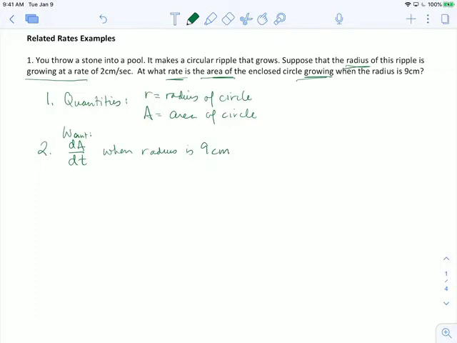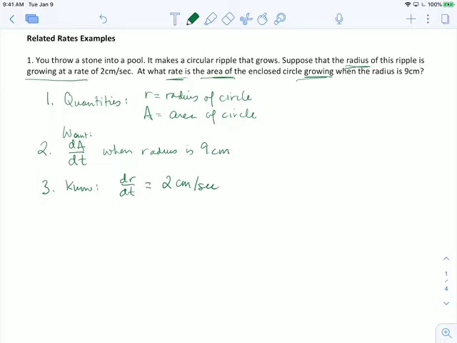And then we want to ask ourselves, what are we given? Well, the information that we have is that we've got a circle, but more importantly, we're told the rate of change in the radius of the circle. And so if we're asked to write down what we know, that dr over dt is equal to 2 centimeters per second.